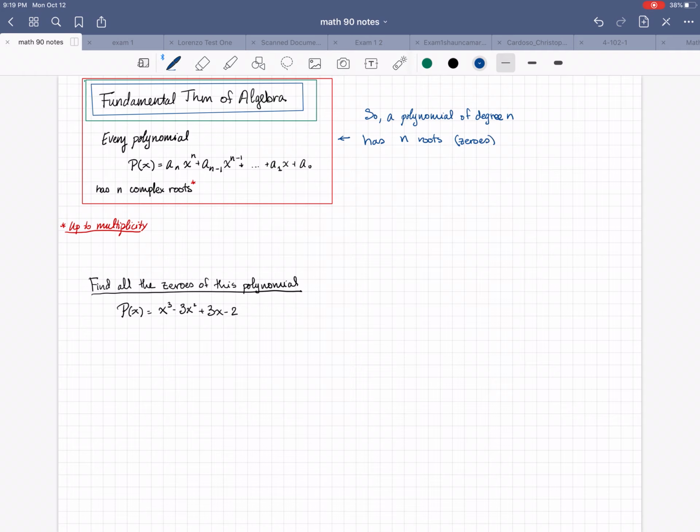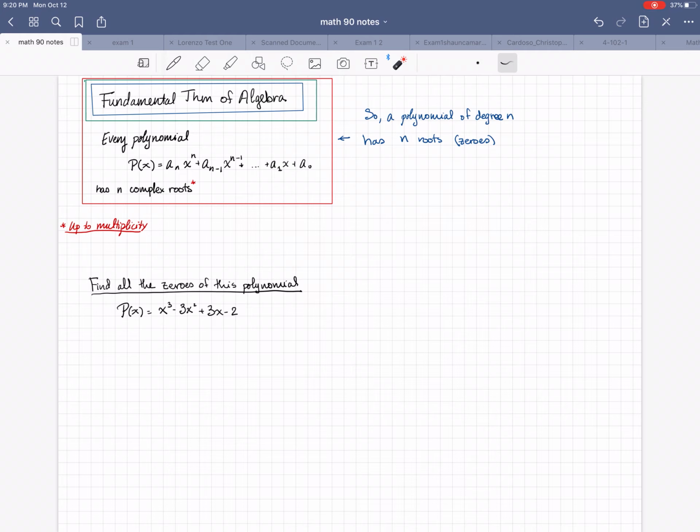So if it's a degree 5 polynomial, it has 5 roots. If it's a degree 49 polynomial, it has 49 roots. What's the catch? There really isn't one. The word to pay attention to here is complex.